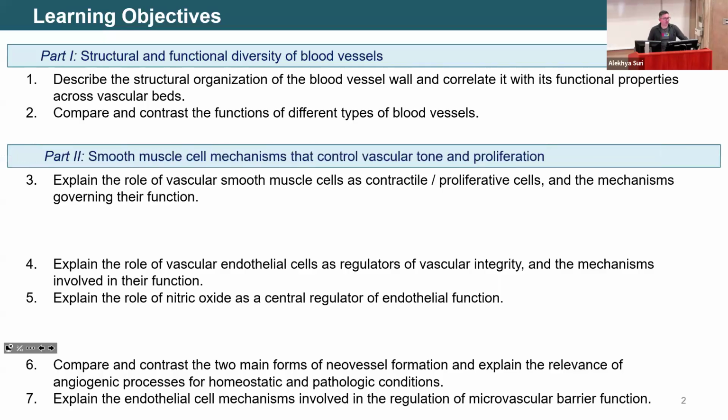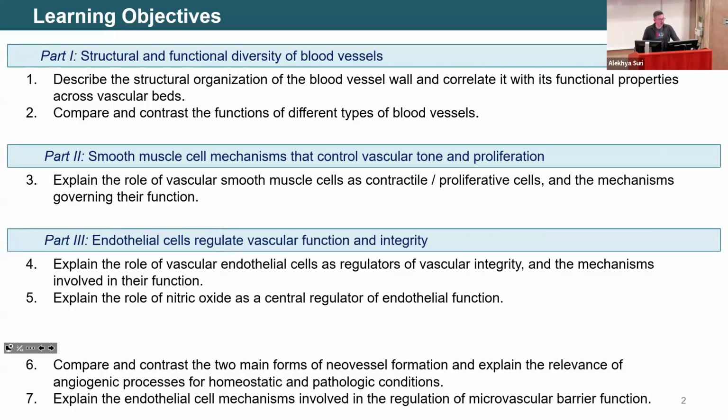Then we are going to focus specifically on smooth muscle. We're going to talk about the cell biology of smooth muscle. And then we're going to go straight into the endothelium, which is the other main cell that's found in blood vessels. They're not the only two, but smooth muscle and endothelia are sort of the key players here.